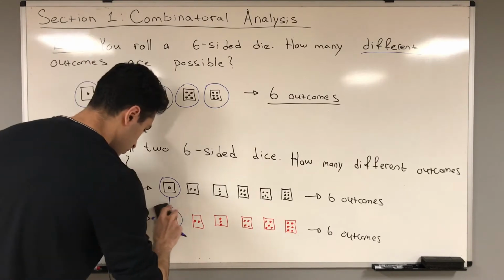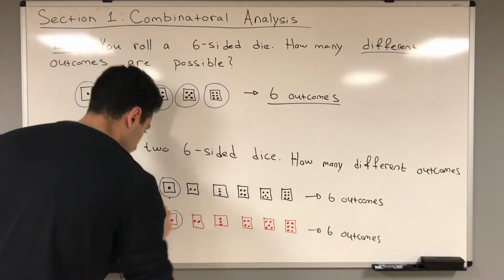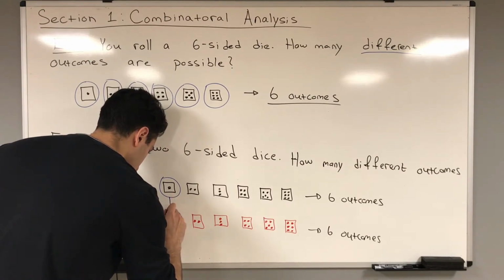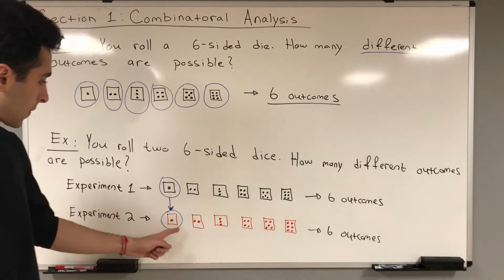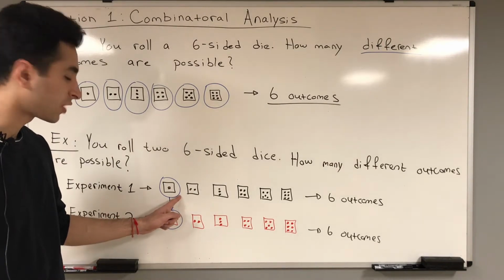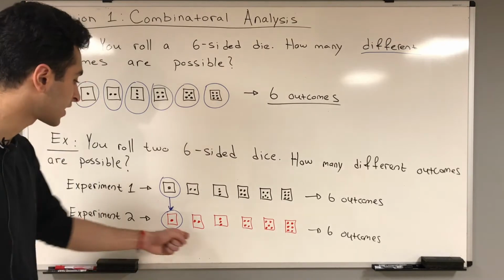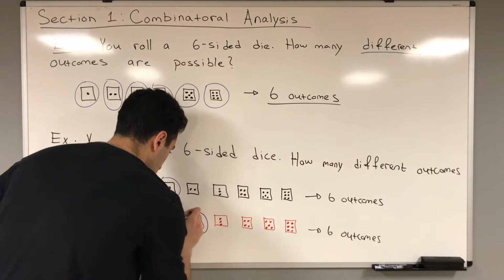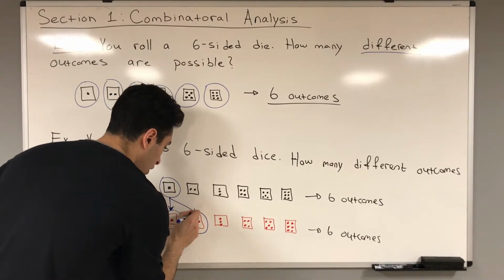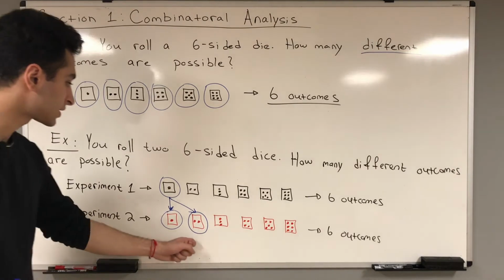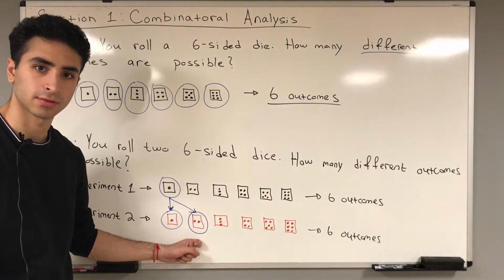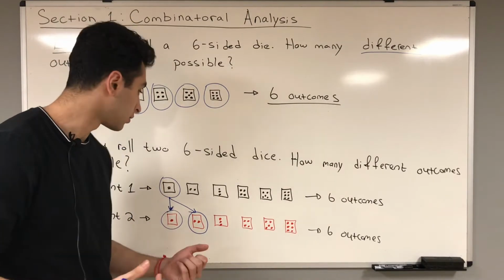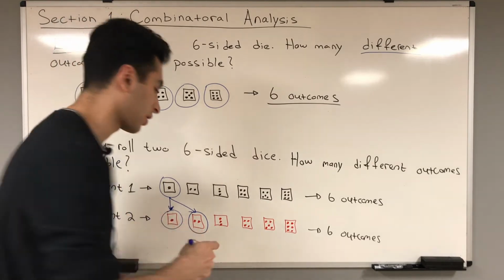So let me draw that arrow. This is an arrow pointing to this. Now, what if I roll a 1 again on my first, but then I get a 2 on my second die? So the 1 on my first die links to the 2 on my second die. Now, again, let's say I roll a 1 on my first still, but then I get a 3 on my second die.